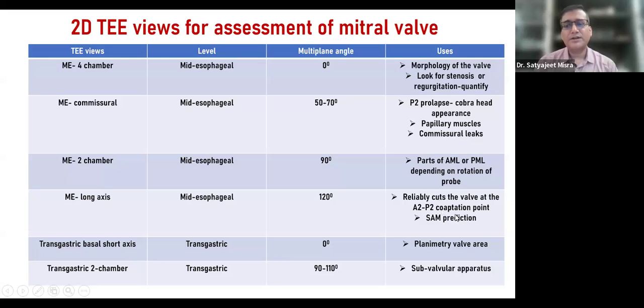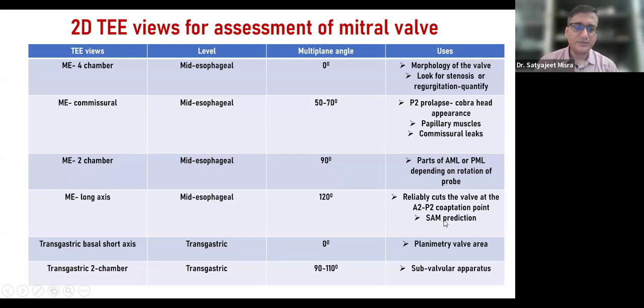This is the view which cuts the mitral valve in an anteroposterior direction, and reliably it cuts the valve at the highest points on the mitral annulus, that is the A2 and the P2 points. So this view is very useful for SAM prediction, as Sir Koshi said, that often we use the 2D and the 3D to gain knowledge of whether there's going to be SAM after a mitral valve repair or in patients with hypertrophic cardiomyopathy.